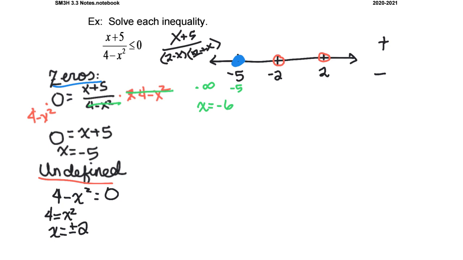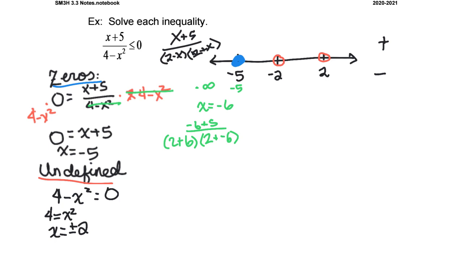So then when I set x equal to -6, I get -6 plus 5 over the factored form, so I'm going to get 2 minus -6 times 2 plus -6. Now, the reason why I prefer the factored version is because I can identify the sign of the value, even though I don't care about the value.